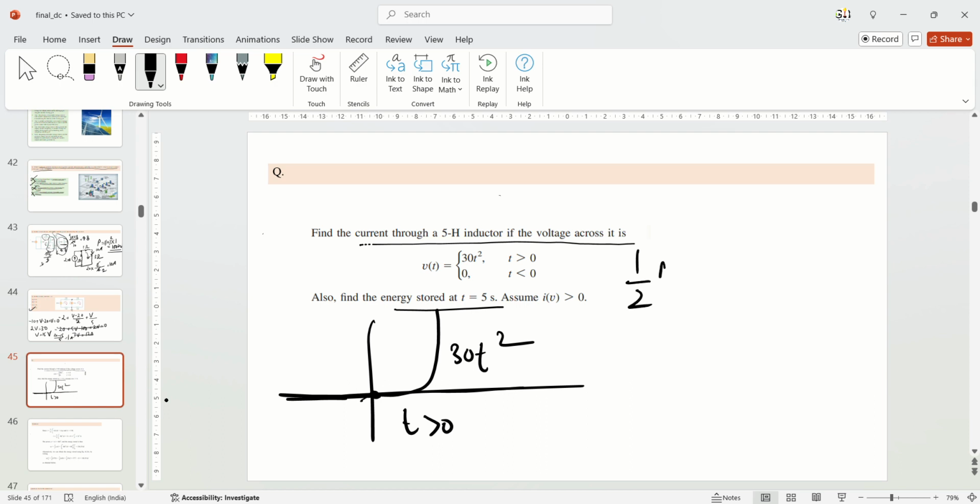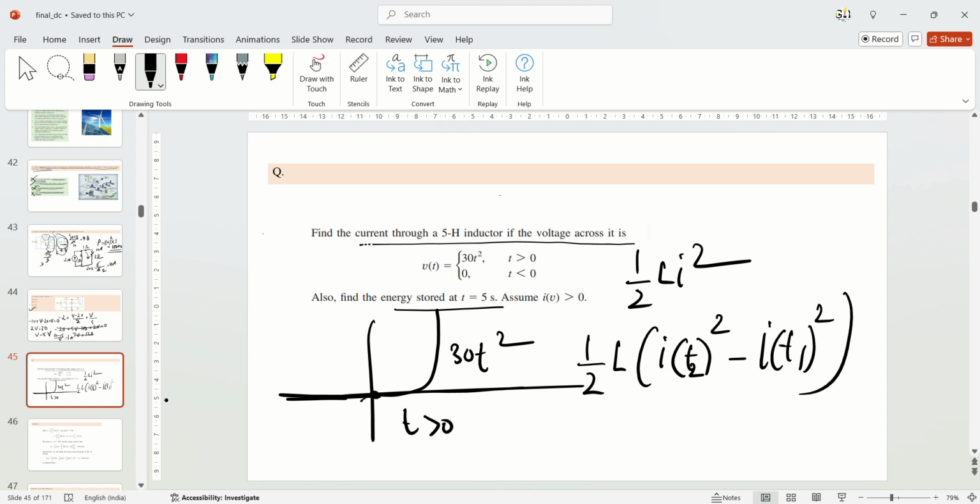This is actually the inductor, half L I square. If you want to find out the energy stored in that, you can do half L I at T2 square minus I at T1 square. Half multiplied by 5, I at T2 square.